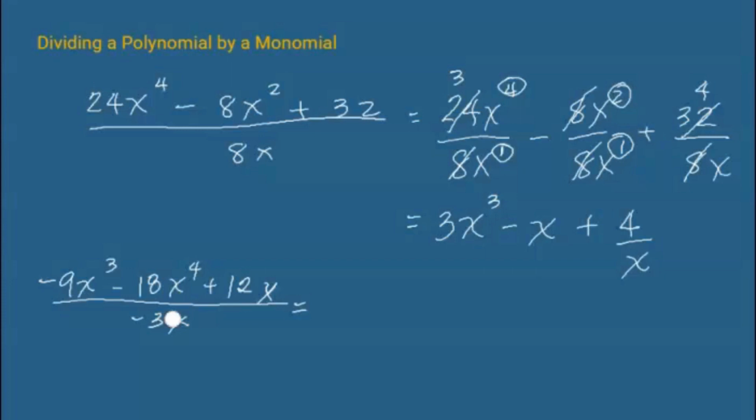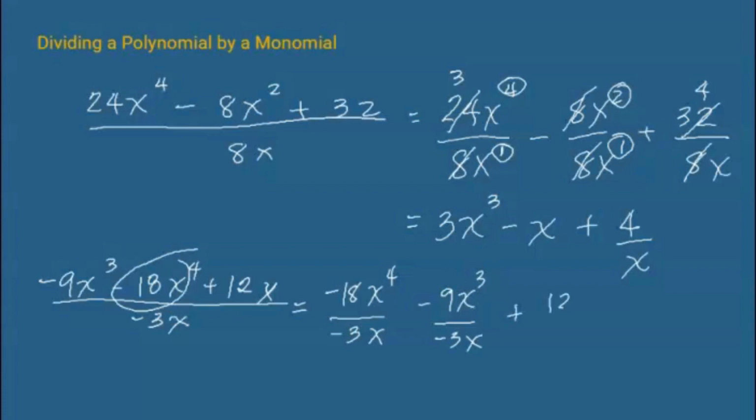We'll do negative 18x to the fourth first, so negative 18x to the fourth over negative 3x. The next would be negative 9x cubed divided by negative 3x. And the last term would be positive 12x divided by negative 3x.